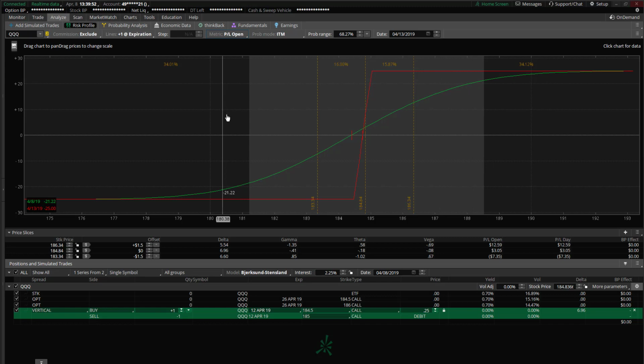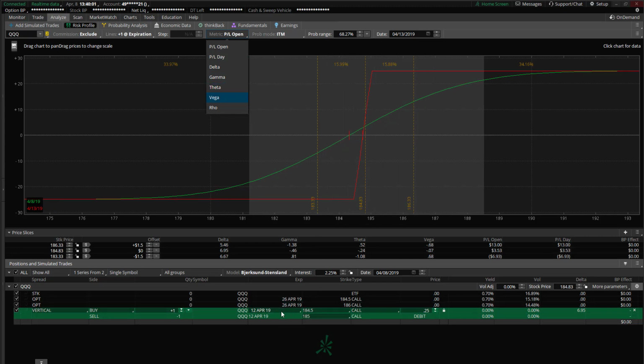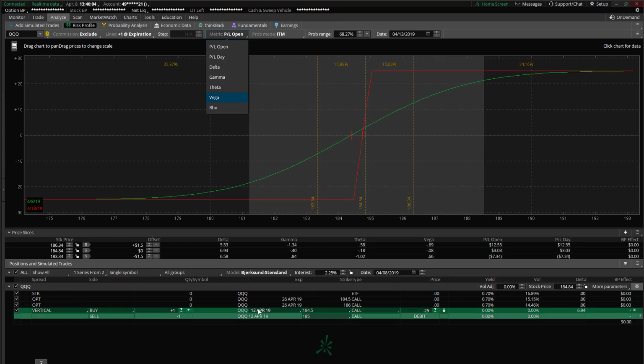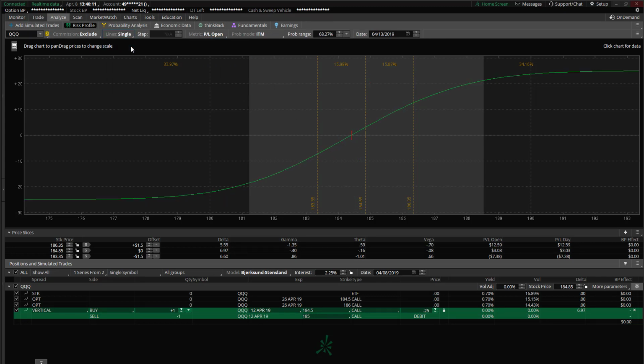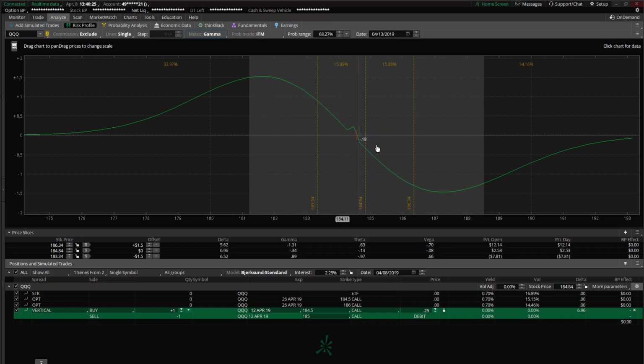All right, so now that we've talked about that, let's talk about looking at the deltas, the gammas, the thetas, and vegas. So I'm looking at this debit spread down here. It's got a Friday's expiration, 4 days from now. We can go over to lines, set it to single, and instead of looking at our profit or loss as price moves up or down, we could analyze each of the Greeks and how they would be affected as price moved up or down.